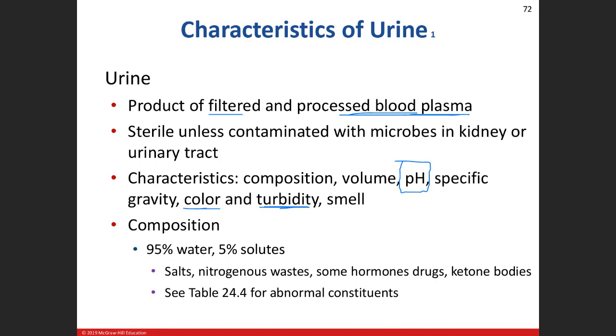The majority of your urine is going to be made up of water. 95% is water. The other 5% are going to be solutes. A significant portion of those solutes are going to be waste products. If you're taking any drugs, we'll find some of the remnants of the drugs there, and even ketone bodies will be present, which is part of our protein metabolism.